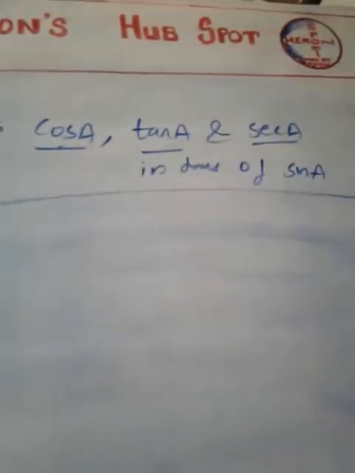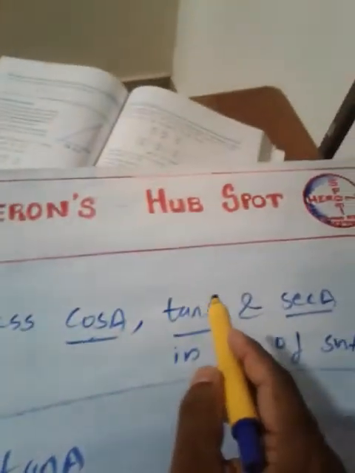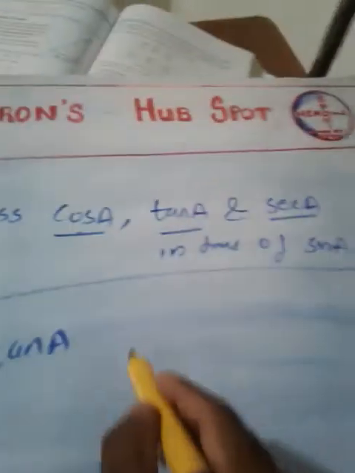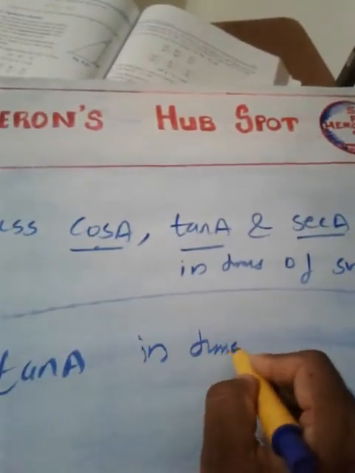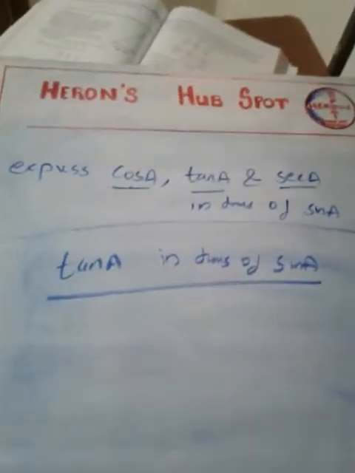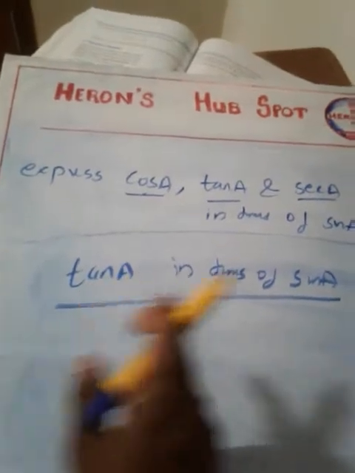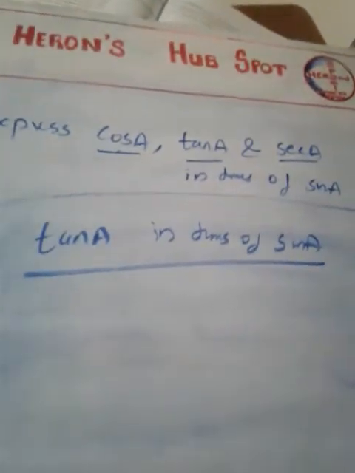And the next question is I have to express tan A in terms of sin A. So in order to express tan A in terms of sin A, you have to think about the three identities. Is there any identity connecting tan A and sin A directly? No. Why?